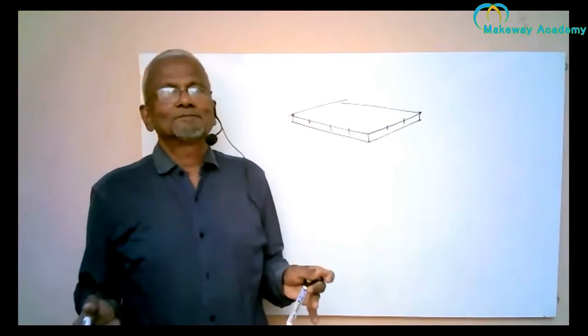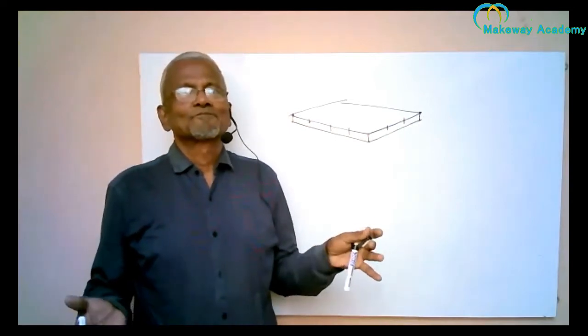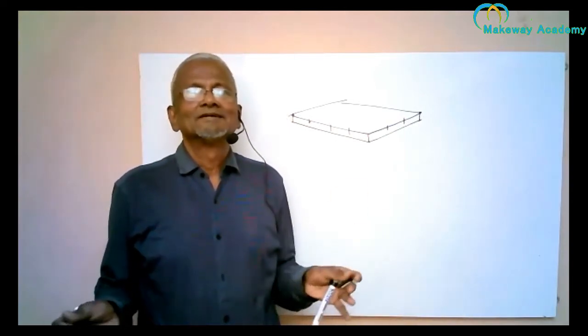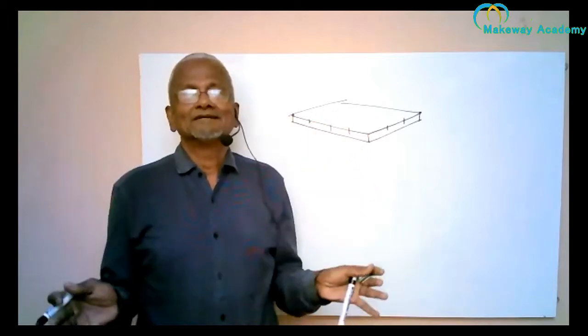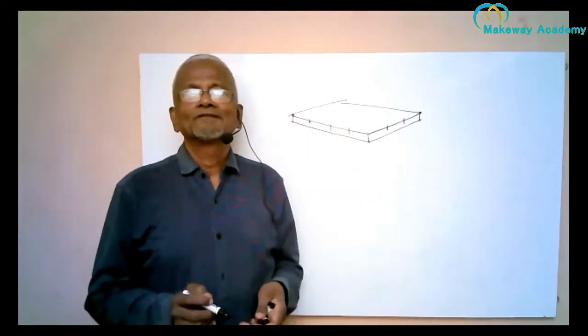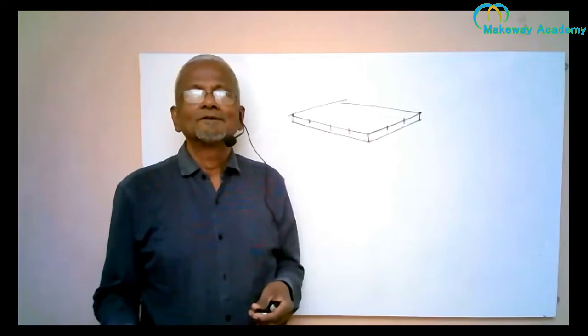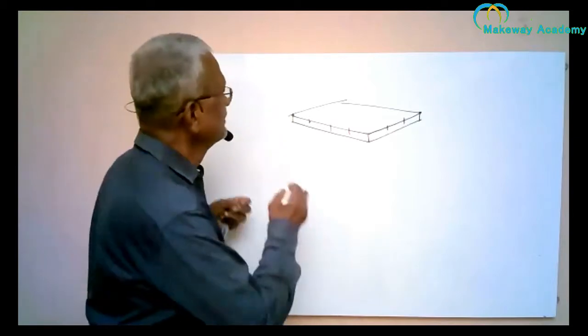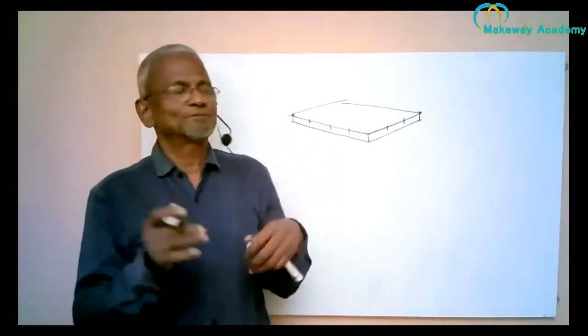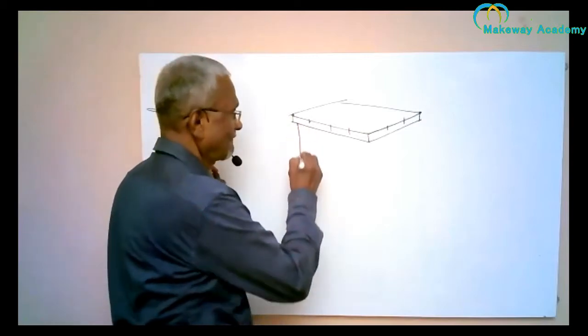And then it has to be supported. Again, I used plywood for that. And then the height, I decided the height should be 400. So I used two support plates.